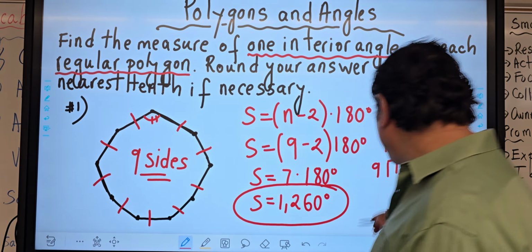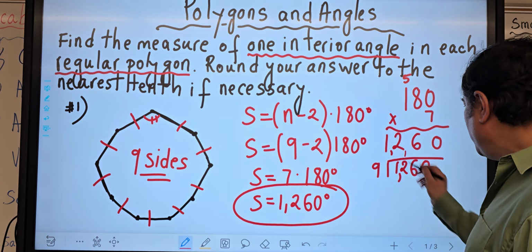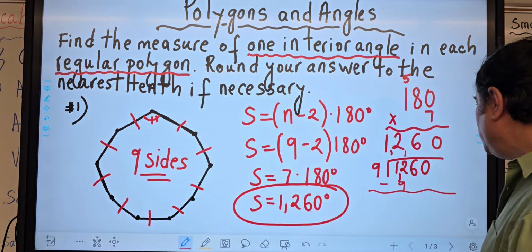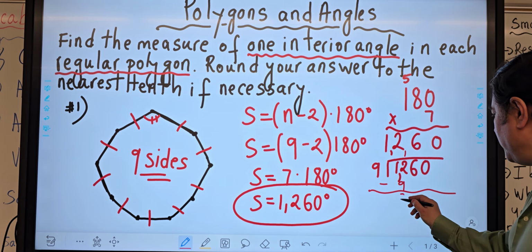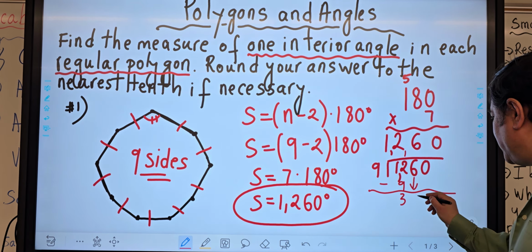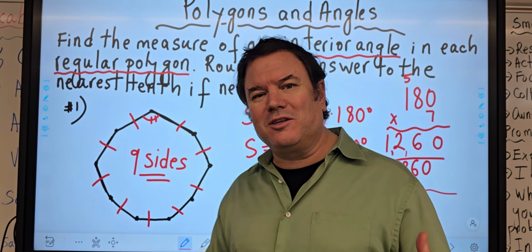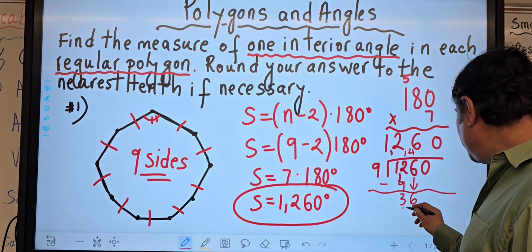Let's see what we get. 9 into 12 one time. Let's put the 1 here at the top. 1 times 9, 9. Let's subtract. 12 minus 9 is what? 3. Bring down the 6. 9 into 36, 4 times, because 4 times 9 is 36.